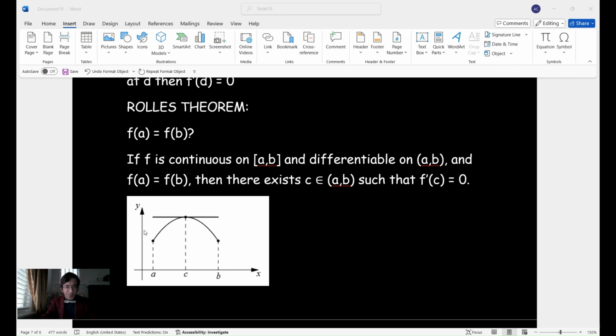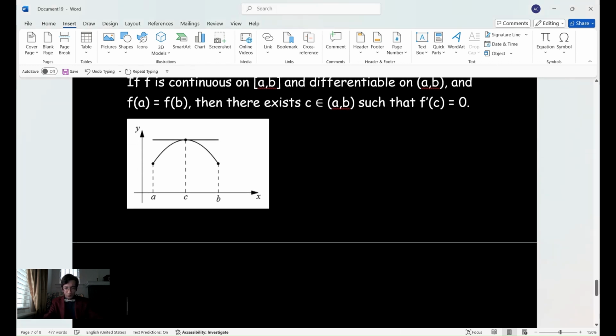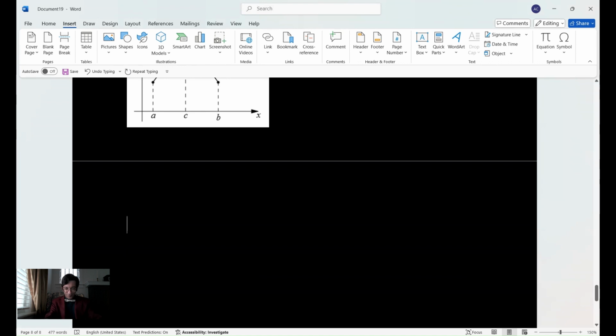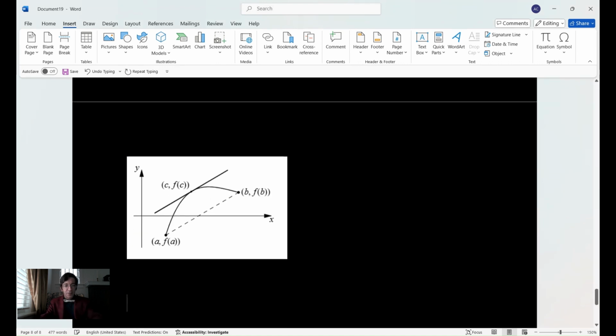If you consider an arbitrary function that's continuous on a closed interval and differentiable, let me see if I can find a little diagram I did earlier. Hopefully it's going to come up. All right, hopefully you can see it. So notice what happens here.